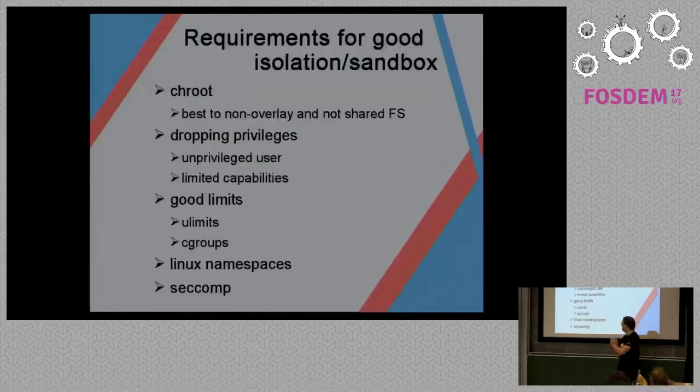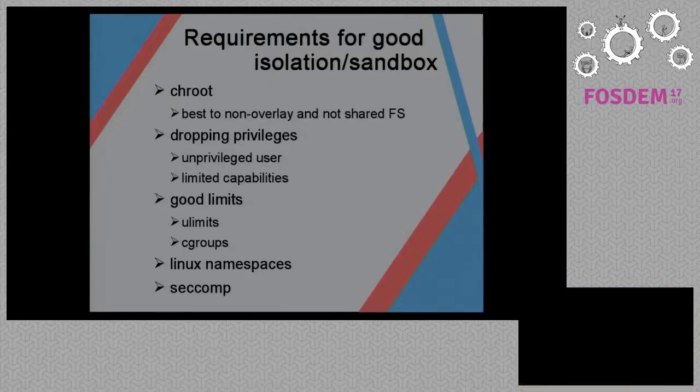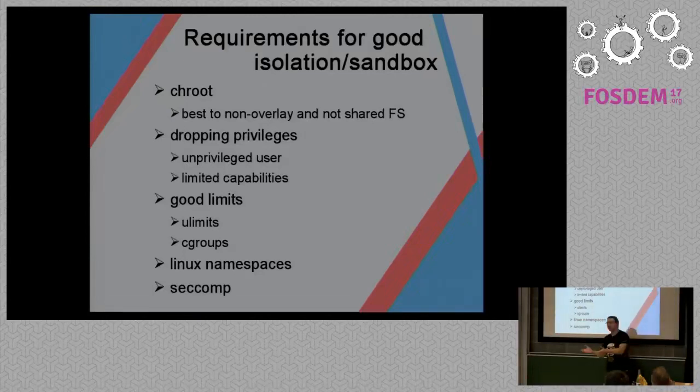Isolation and sandboxing, I try to be the most complete guide for securing applications in Linux. I found like 50 different presentations on the internet that don't mention some of this stuff. Using chroot is well known.